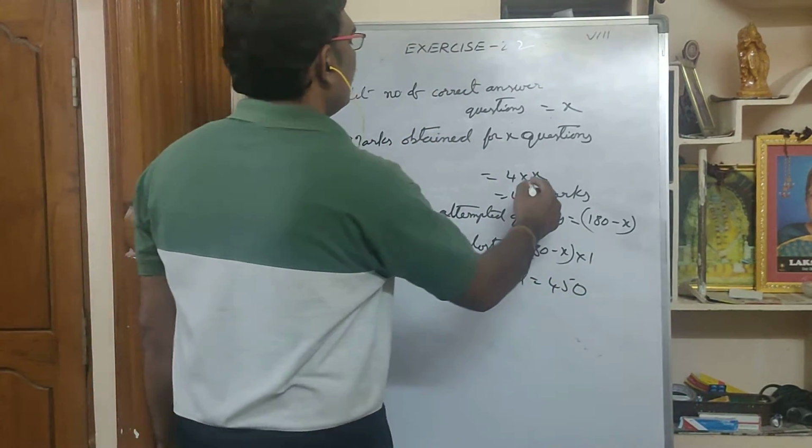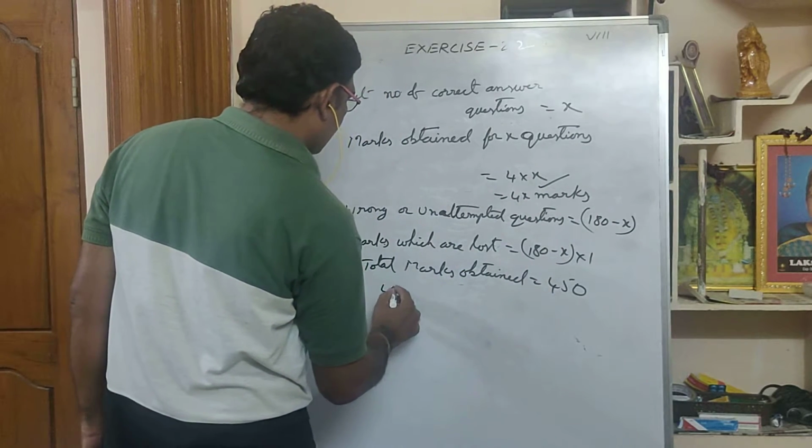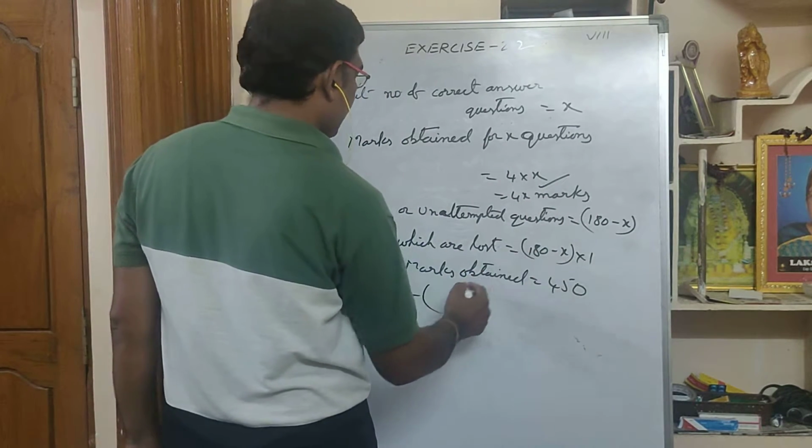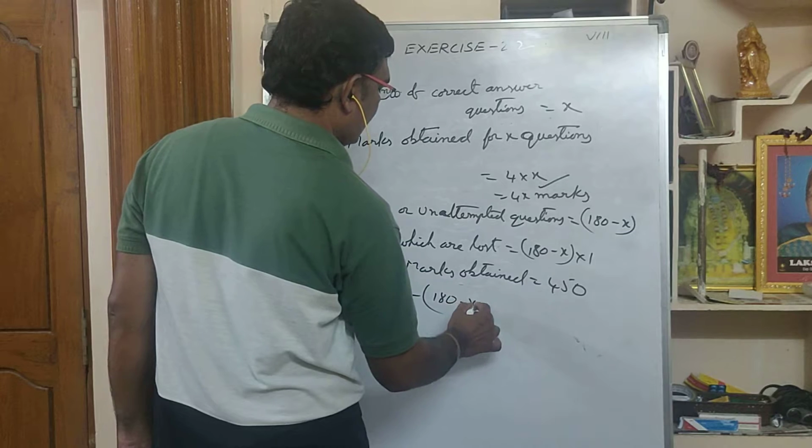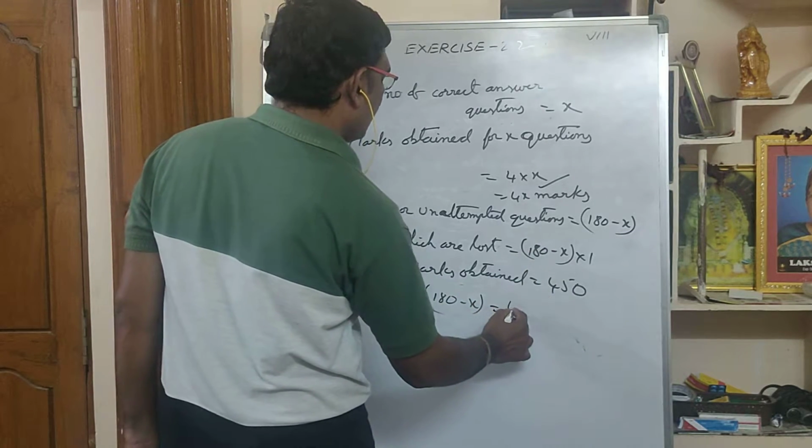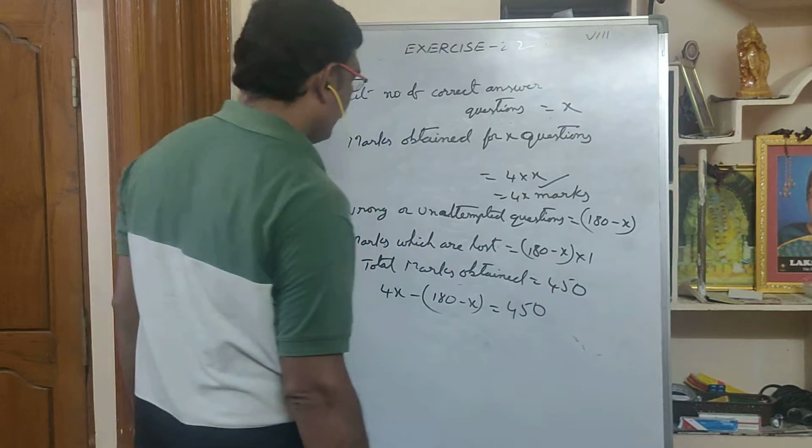So correct marks are 4X, minus these many marks should be subtracted because these are wrong or unattempted. So you have to get the answer as 450.